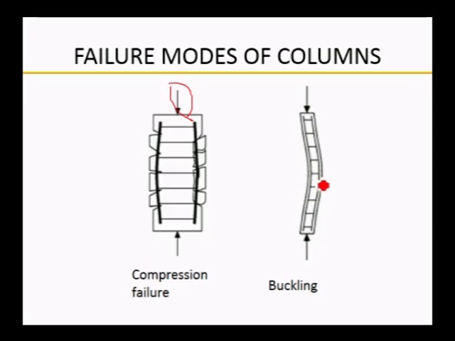Buckling means bending, which takes place along the vertical axis. This buckling takes place normally in long columns. Failure of columns due to buckling occurs in long columns, that is, when L by B or L by D is greater than 12. Whereas in short columns, usually columns fail by compression failure, that is crushing.